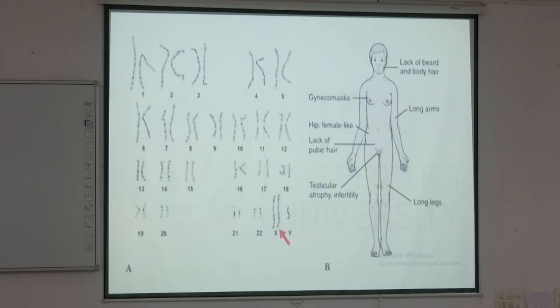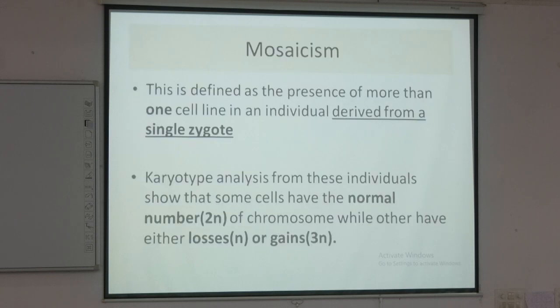This is usually a tall person with long arms and long legs, with female-like sexual characteristics and reduced or absent testicles. Phenotypically they look like this, and it is caused by non-disjunction of the chromosomes, or mosaicism.